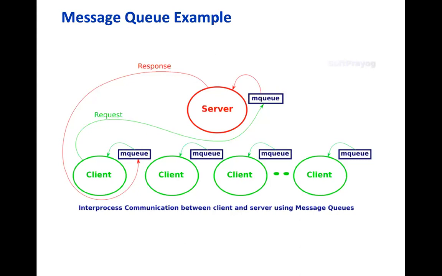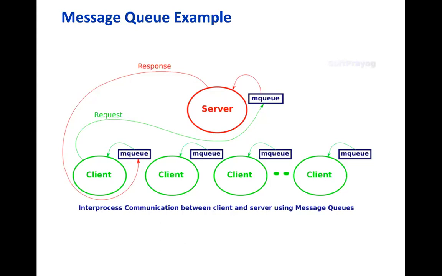When server wants to send a message to any client, of course the message will contain information about a lot of things, like source, who is the source process number or server process number, client process number, and so on and so forth. So it will put the data into its own queue. From there, different clients can read.